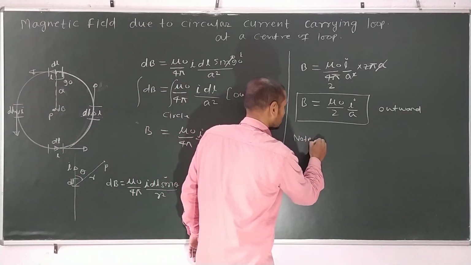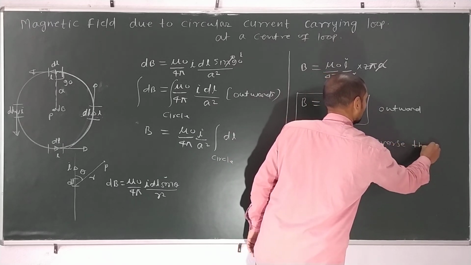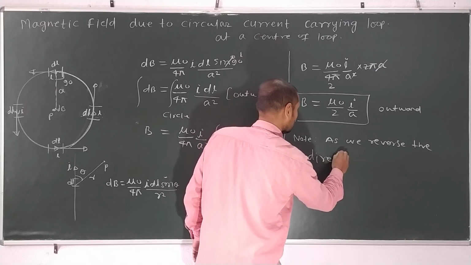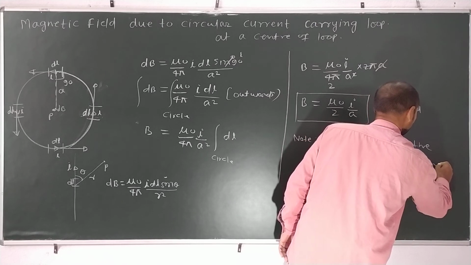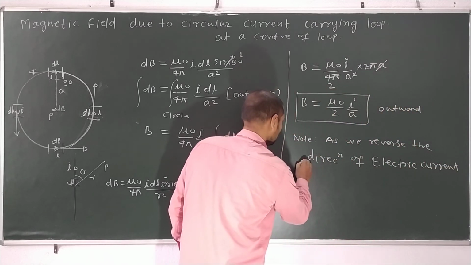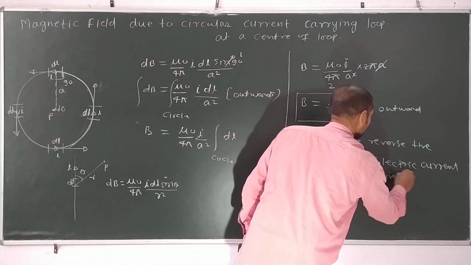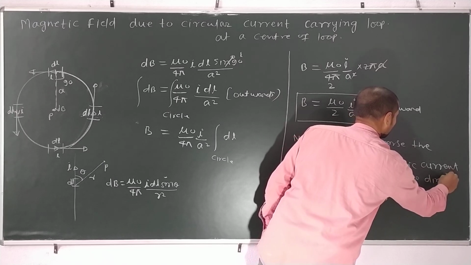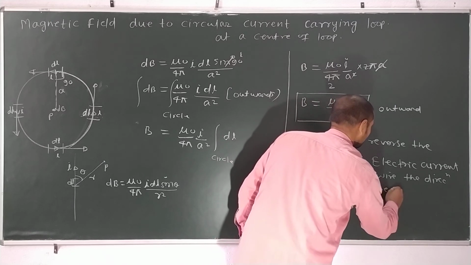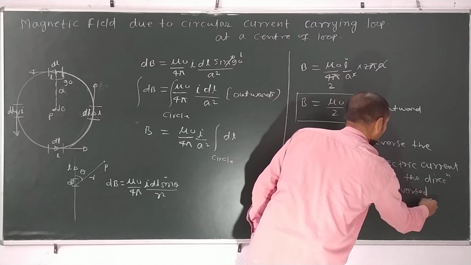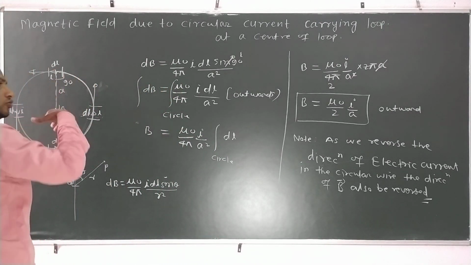Note: as we reverse the direction of electric current in the circular wire, the direction of B is also reversed, and the magnetic field will be inwards.